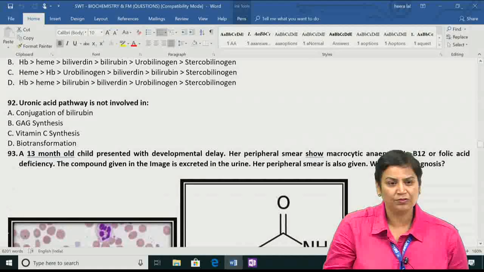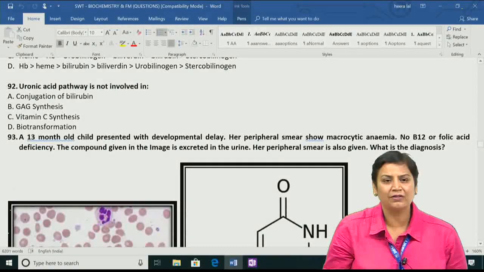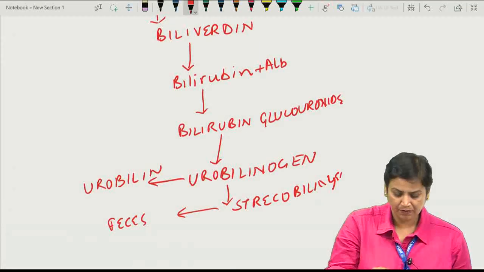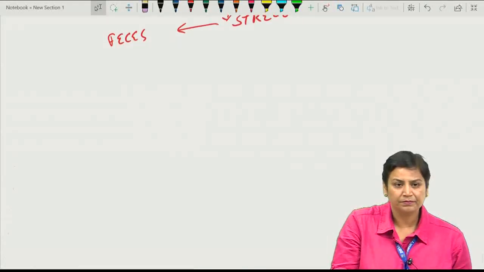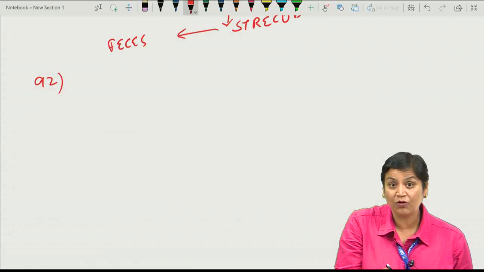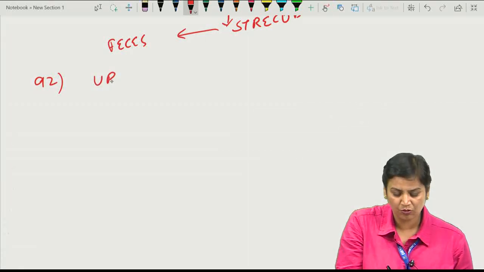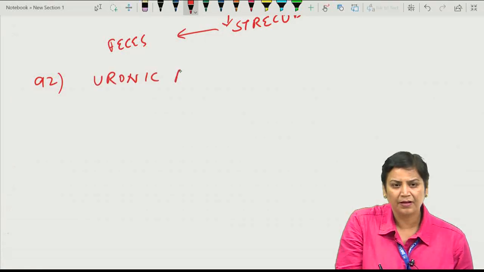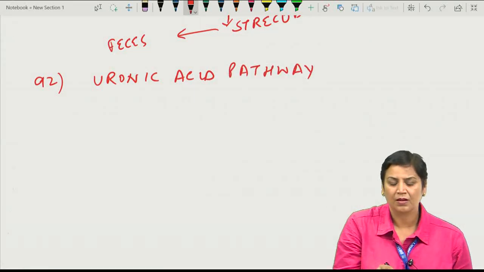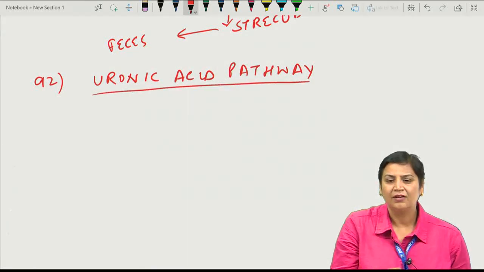Question number 92. Uronic acid pathway is not involved in. Now see, uronic acid pathway is the alternative method of oxidation of glucose. Why?